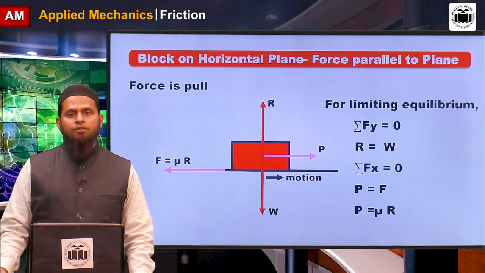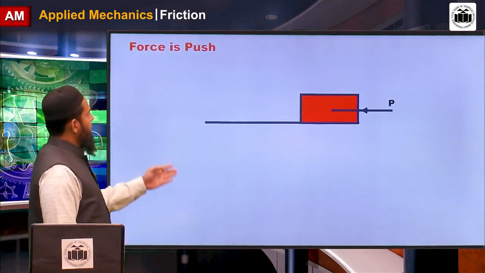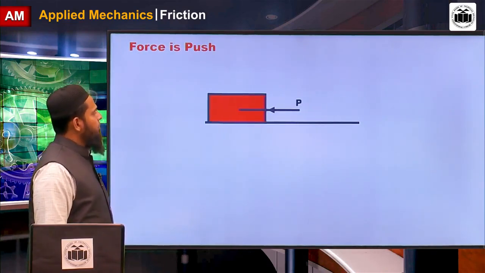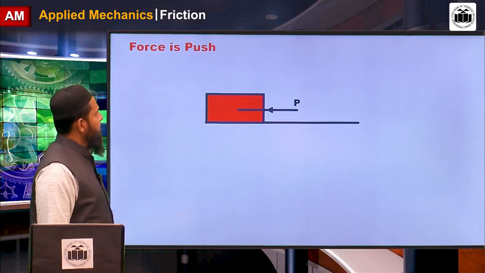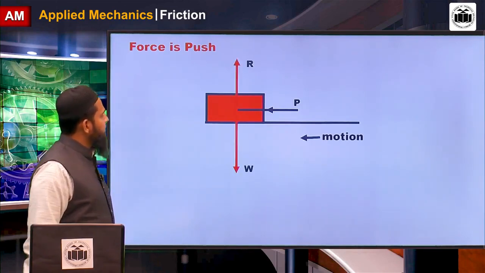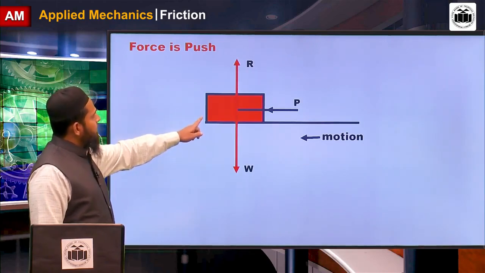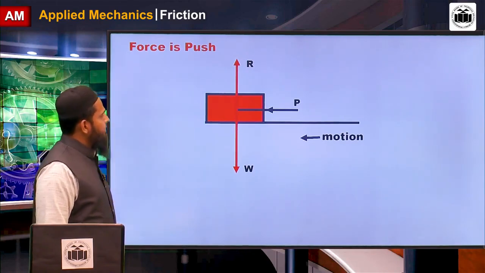When same block, but it is in the push, force is now push. What is the motion of the block? It is in the direction of push. Now, free body diagram of this, motion is in this direction, self weight vertically downward, which is balanced by this R, means normal reaction.